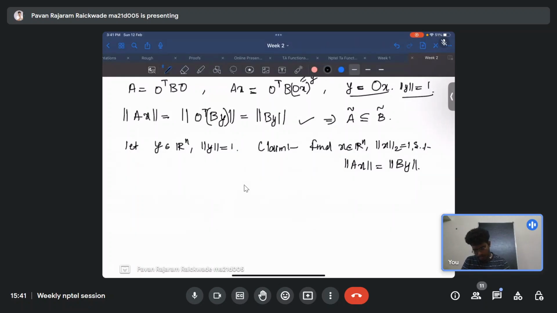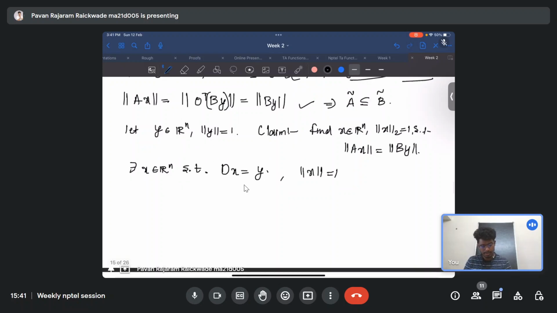Since O is an orthogonal mapping, we know it is an onto mapping. So there exists some x belonging to Rn such that Ox equals y, like taking the inverse image of y under the operator O. The claim is that this x can do what we want. For the moment, this x also has norm 1 because of the same orthogonal property of matrix O.